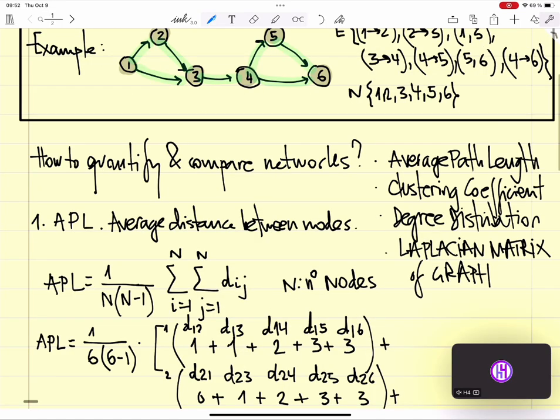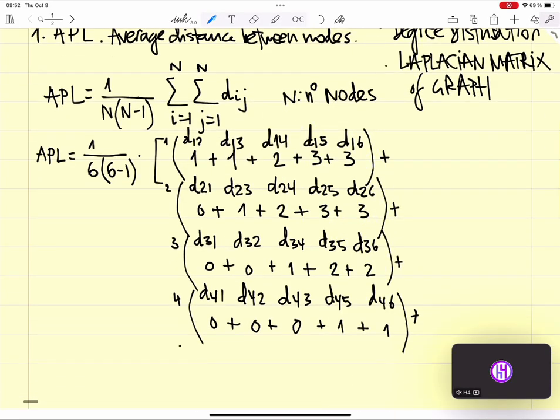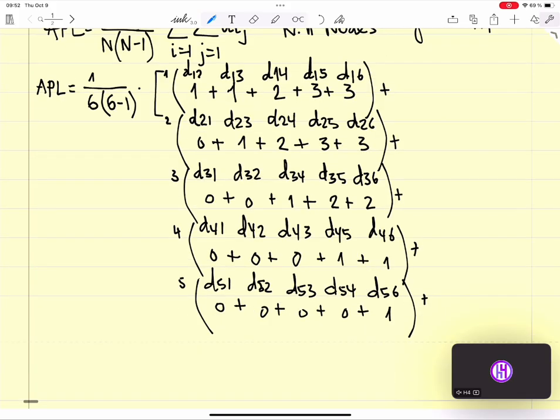With 5, 5 and 1, 0. 5 and 2, 0. 5 and 3, 0. 5 and 4, 0. 5 and 6, 1. And 6 has no outgoing edges, so for 6 everything is 0.